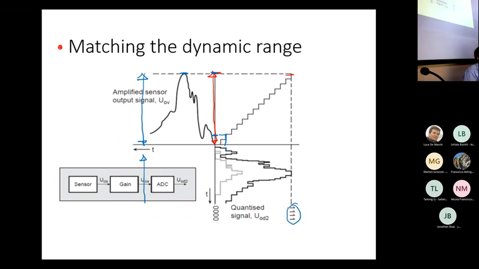Now we are exploiting the full bit depth that we have in our signal. All 4 bits are reached by the output. So matching the dynamic range is another reason why we may need analog processing between the sensor and the A to D conversion.